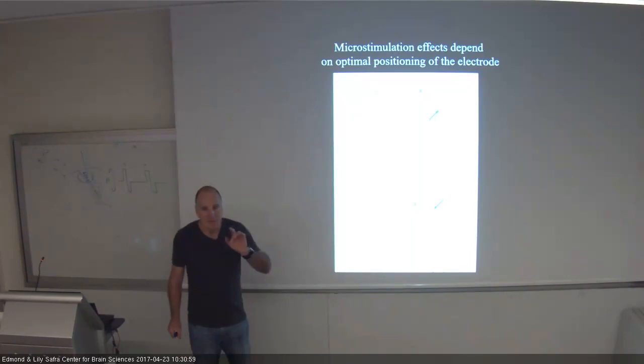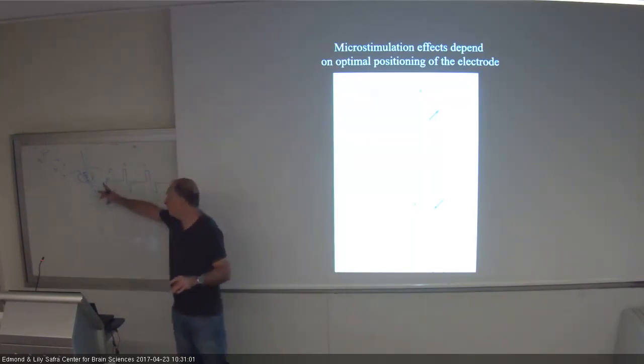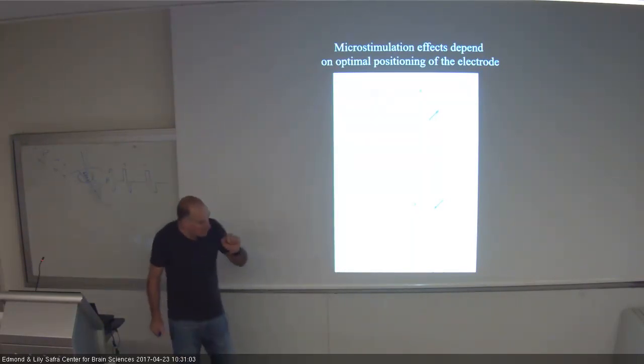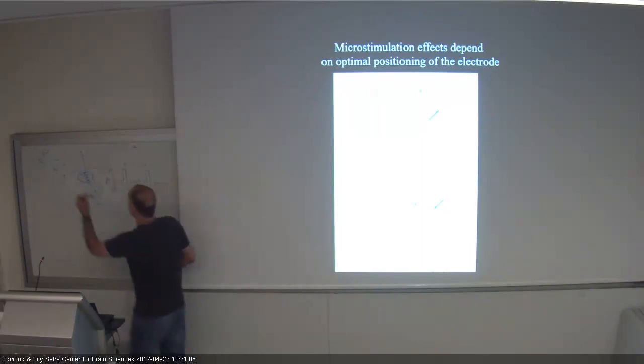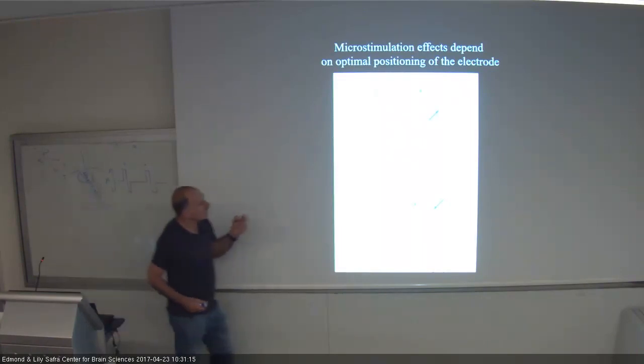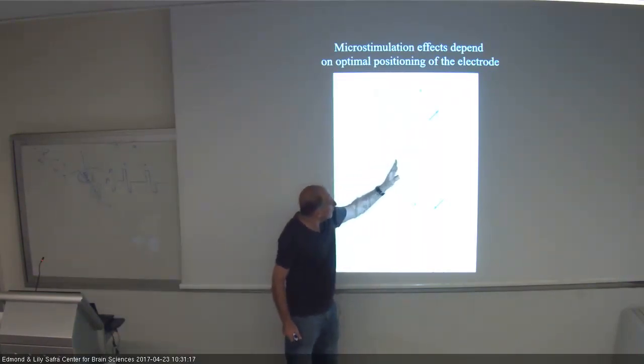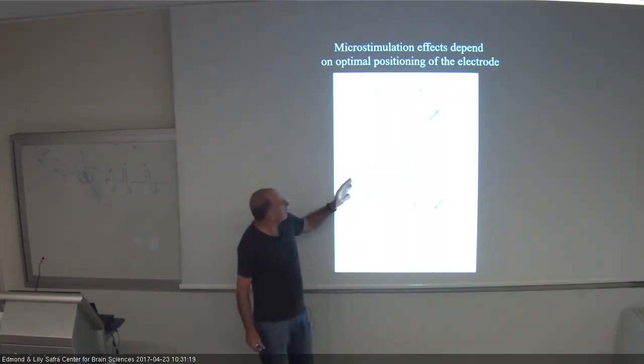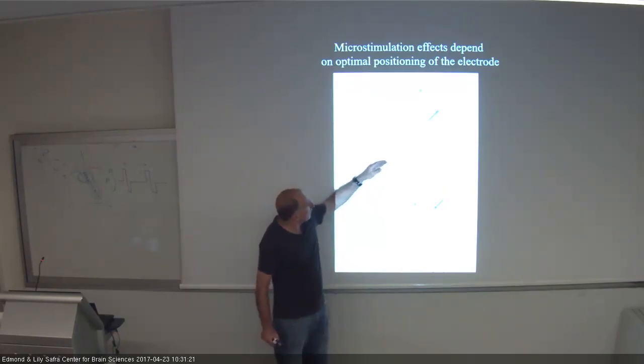Now, a few points on what I mentioned before in terms of where you place the electrode. Remember, you can move the electrode in one direction here, and you try to find the optimal position so that the neurons next to it have a similar preferred direction. And you can see that the position of the electrode could have a very dramatic effect.